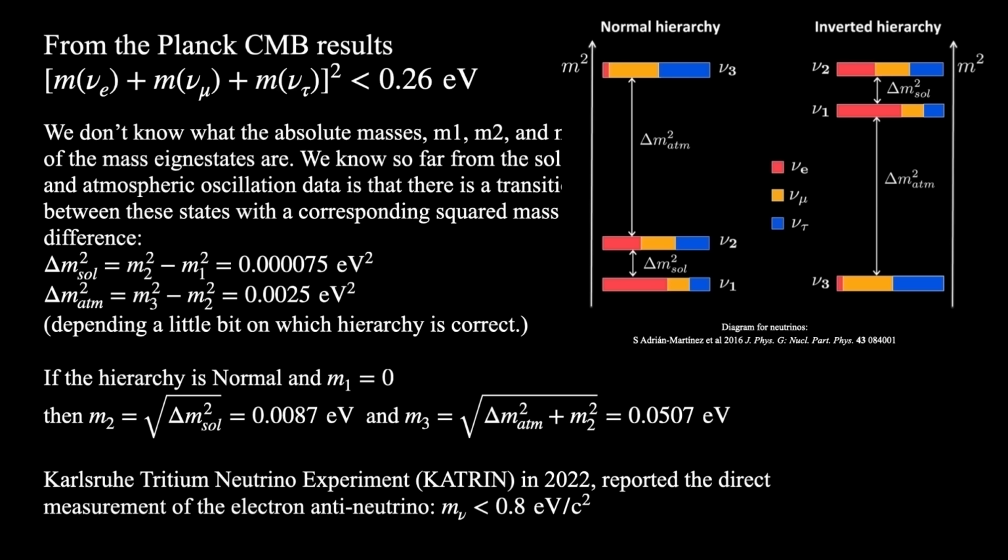But the neutrino mass states do not correspond uniquely to the different flavors of the neutrinos. Neutrinos have three separate mass states, each of which are fractional probabilistic combinations of the three flavors. As you can see from this diagram, we have three colors for the three different flavors: the electron, muon, and tau neutrino, and they're red, yellow, and blue.